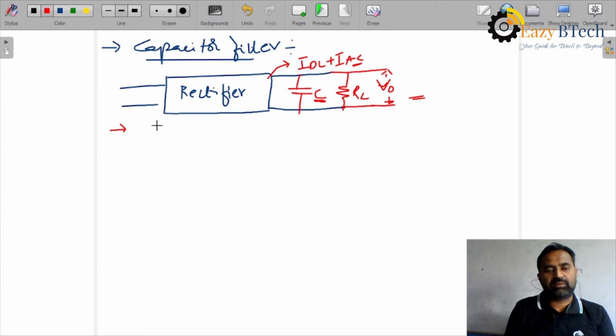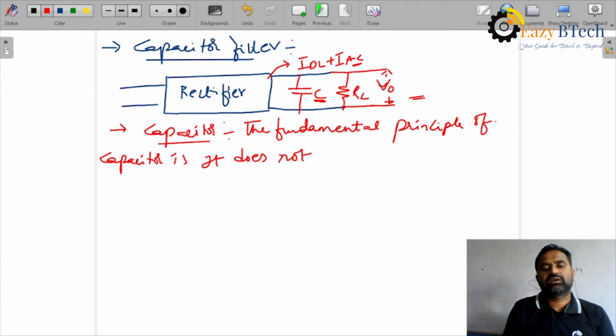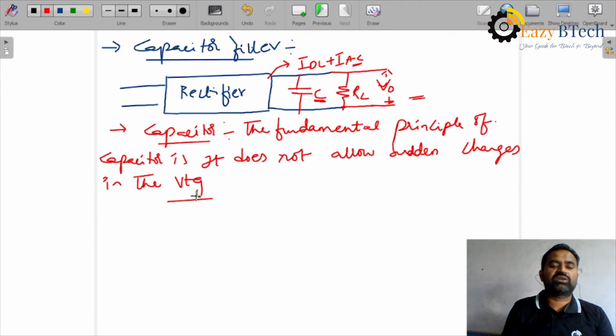What is the behavior of the capacitor? The fundamental principle of a capacitor is that it does not allow sudden changes in voltage. For an inductor, it does not allow sudden change in the current.